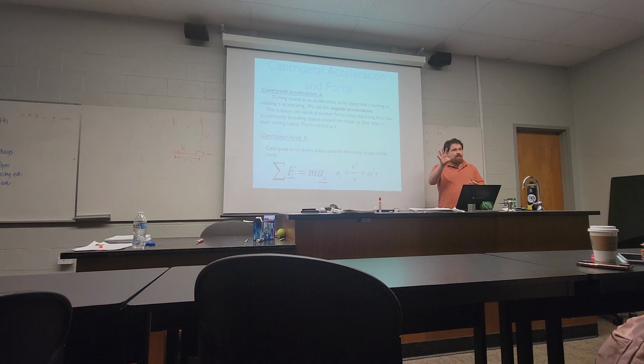Now, centripetal acceleration is an acceleration. These things are accelerating when they're doing this. But you should think of the number for this less as a change in its speed and more a change in its direction constantly. The bigger the number you get for centripetal acceleration, the more the item's direction changes every single second.